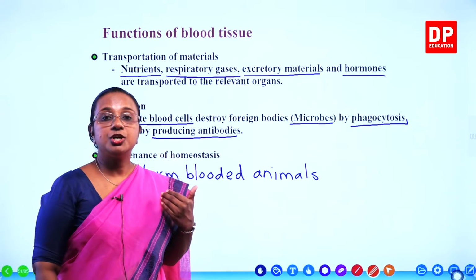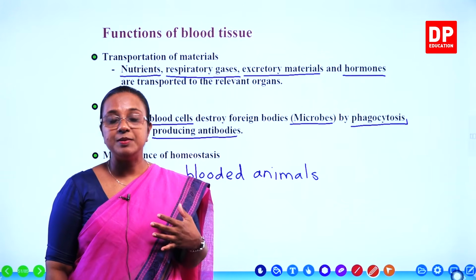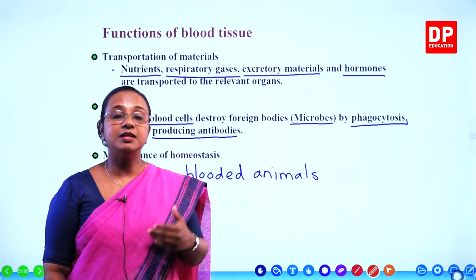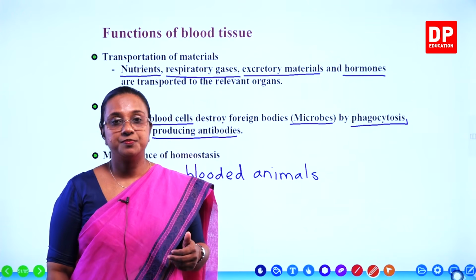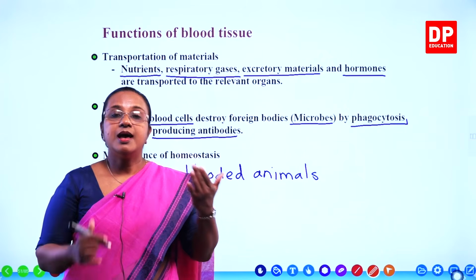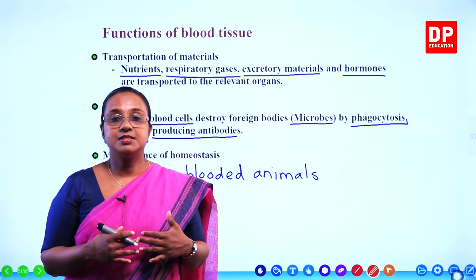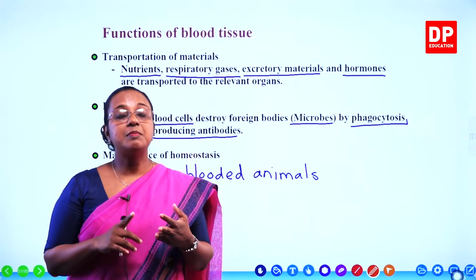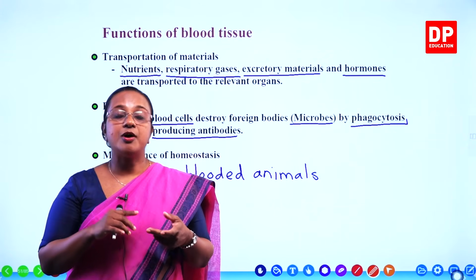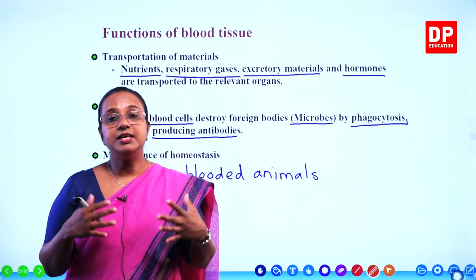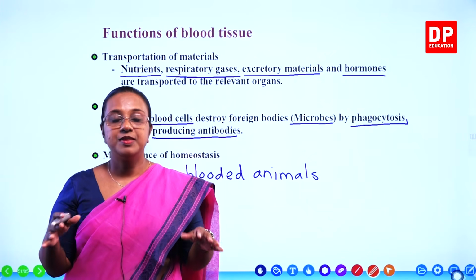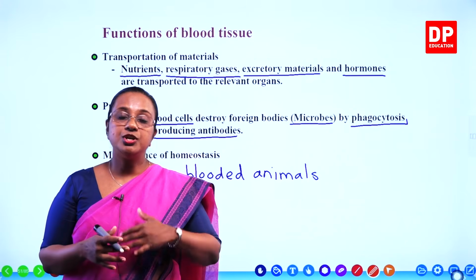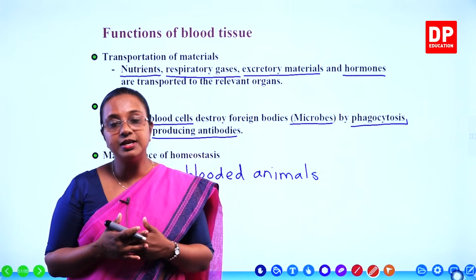The temperature of our body has to be maintained irrespective of the changes in the environment temperature. Similarly, there are many other substances like water, the amount of glucose, amount of salts, all these have to be maintained at a certain level. There is a range. It shouldn't be too much or too little.